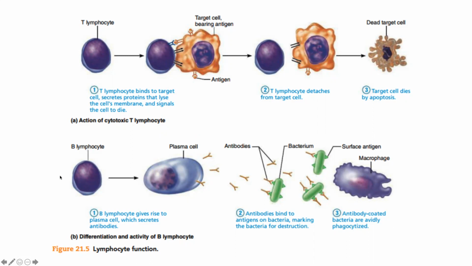So what is the action of B lymphocyte? B lymphocytes will give rise to plasma cell. Look at that, plasma cell derived from the B lymphocyte. B plasma cells will secrete antibodies, as you can see, and those antibodies will go and bind the bacteria, which is the foreign bacteria.